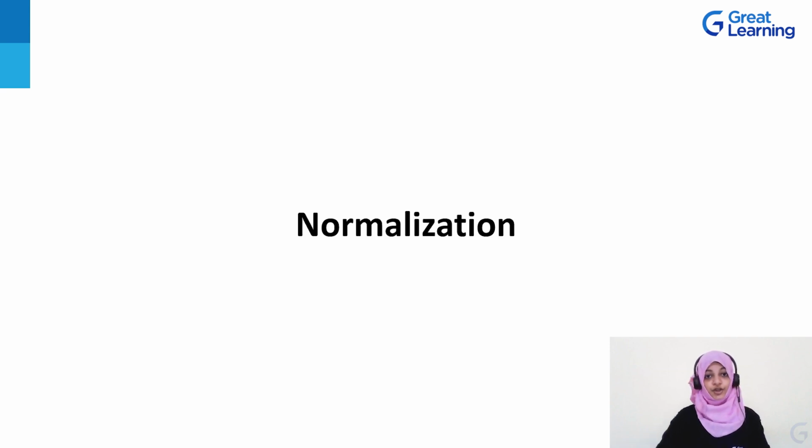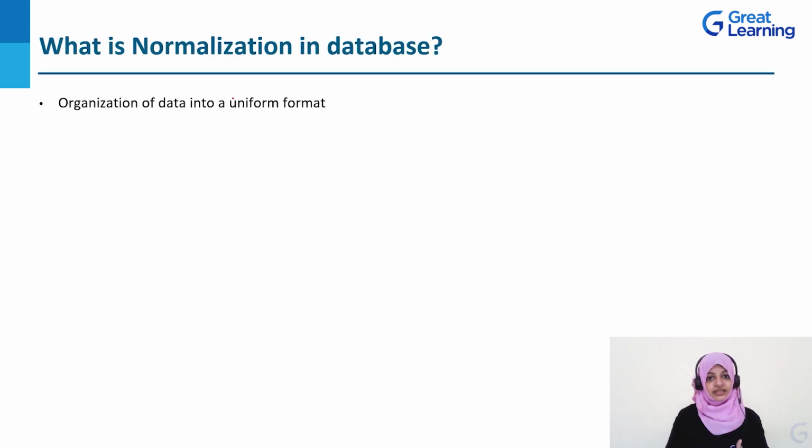So let's first look into what normalization is and why we require normalization. So normalization is actually the organization of any data that we have in a database into a uniform format. Actually, what it does is that it helps us organize all the various types of data into modular formats.